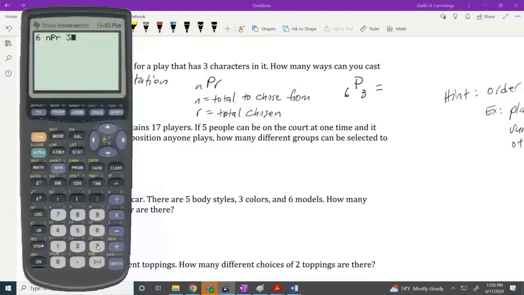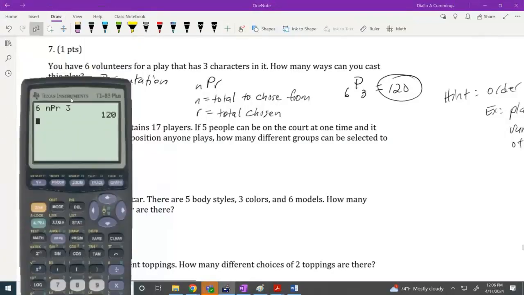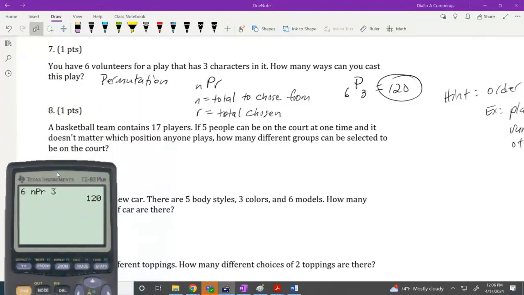So I have 6 nPr 3, and that gives us a total of 120 ways we can cast a play. Notice that this is not asking for a probability. It's asking for how many ways we can choose something. And in this particular case, the order matters because we're dealing with a play. So that is number 7.